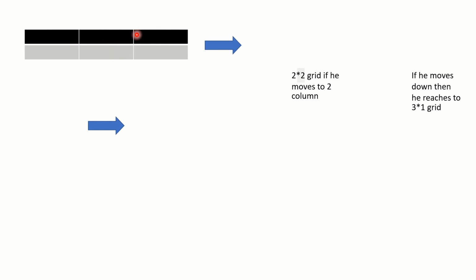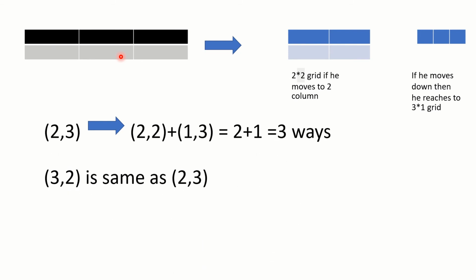This 2 into 2 grid offers two ways. If I move here, then I will see 1 into 3, and 1 into 3 offers only one path. So totally there are three ways to move from the starting block to the ending block.